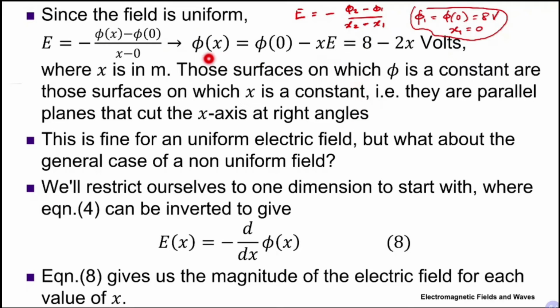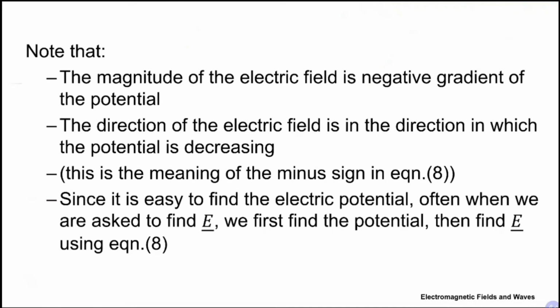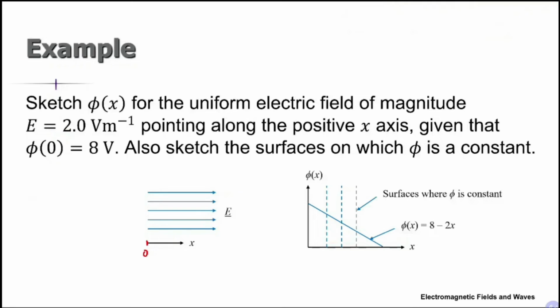You end up with phi of x equals 8 minus 2x, where x is in meters. So going back to our graph, we can plot the potential, and that will be equal to 8 minus 2x.